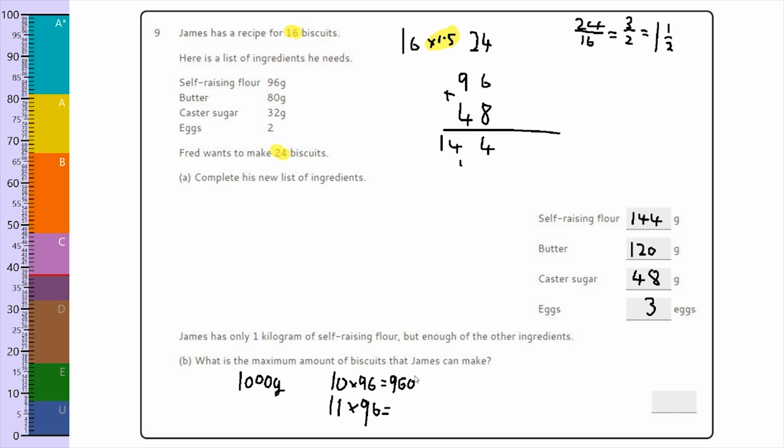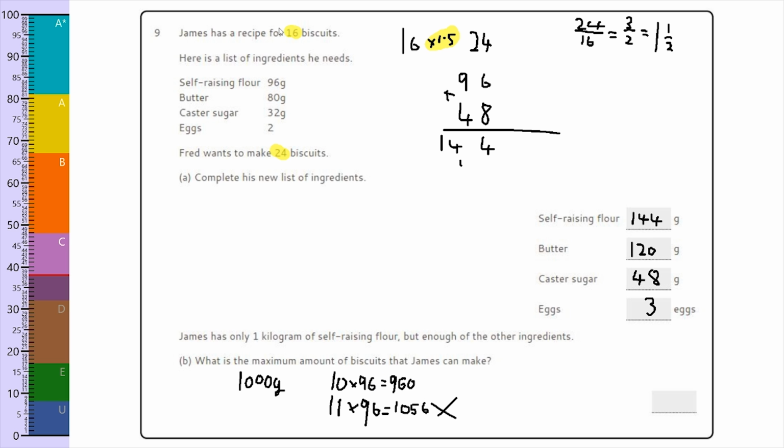Add on the 6, and that's going to be, is it 1,056. Okay, add on the 6, 966, then I'd add on 100 and then take away 10. So I know that that's too much. But we'll come back to that because I want to make a point on that.